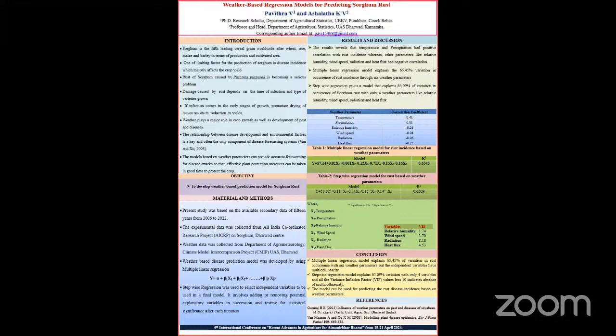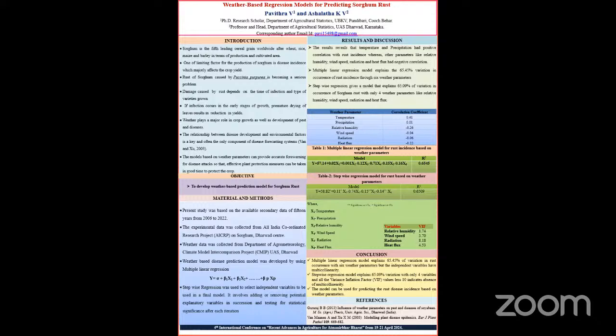It involves adding or removing potential explanatory variables in succession and testing the statistical significance at each iteration. Our research reveals that temperature and precipitation had a positive correlation with rust incidence, whereas relative humidity, wind speed, radiation, and heat flux had a negative correlation.